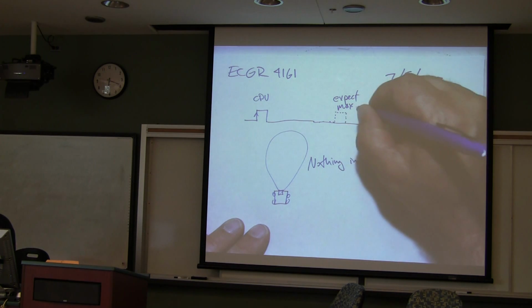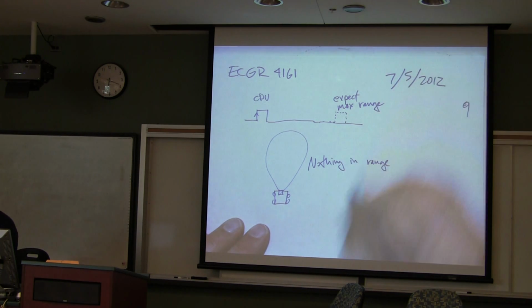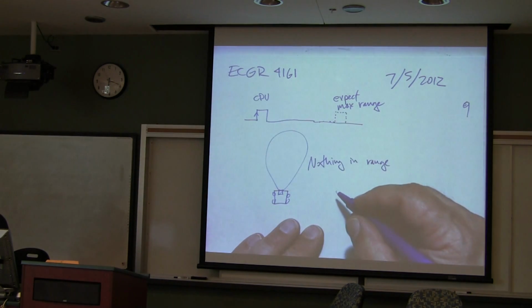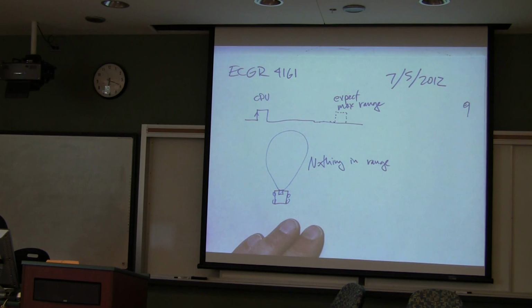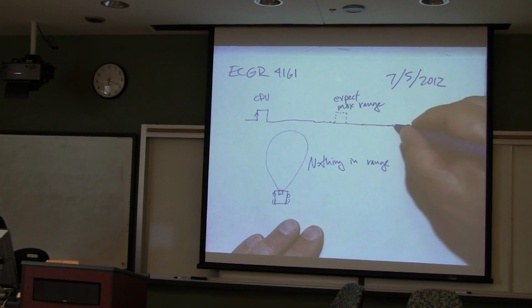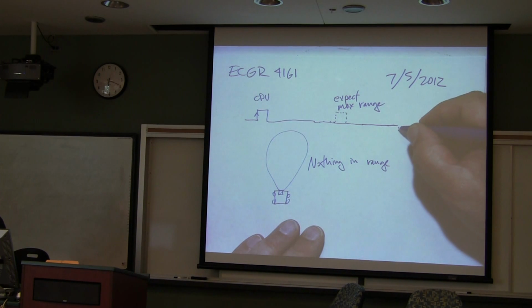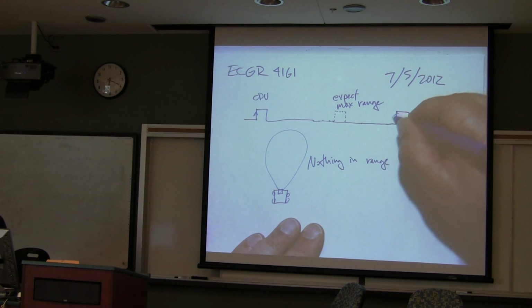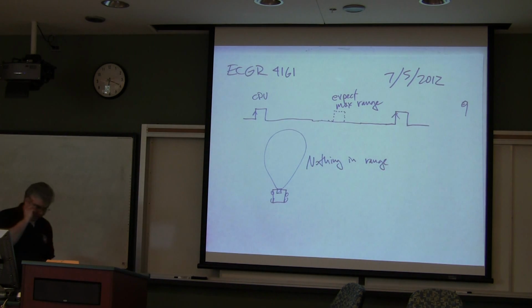So you expect at the max range that you will get some sort of signal back because it would have detected something in there. What these devices will do is they have a little bit of smarts in them too. After quite a bit of time, they'll actually respond with a pulse.